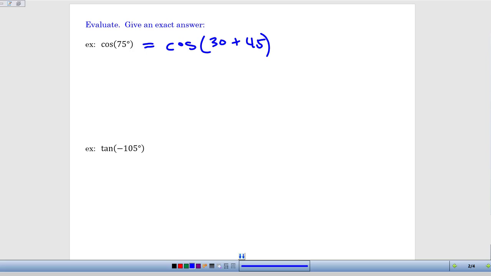If we look up above on the page, you can see that the formula expands out into cosine of 30, so this serves as our alpha, this serves as our beta. So cosine of 30 times the cosine of 45 minus the sine of 30 times the sine of 45. And so now these are all expressions that we can use our unit circle for.